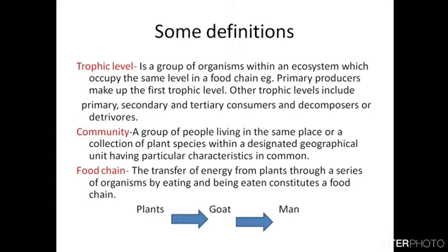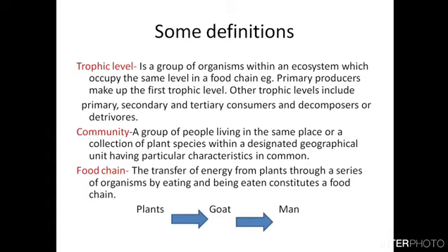And if you take the example of plants, you can say a community or a collection of plant species within a designated geographical unit having particular characteristics in common. So it could be plant species present in a particular geographical unit or space, for example, orchids, etc.